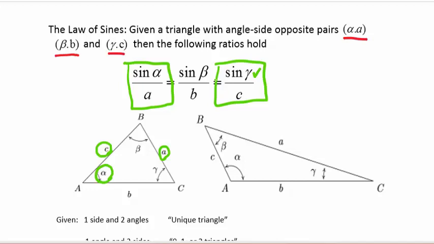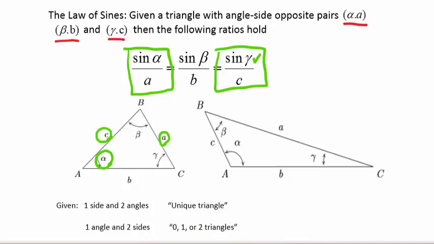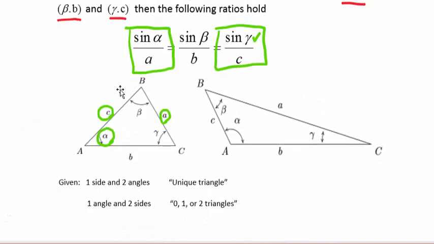Now, there are a couple scenarios that we have to consider when using the law of sines, depending on what information is given. And it's right here. If you're ever given in your problem one angle and two sides, then one unique triangle can be found for that information.